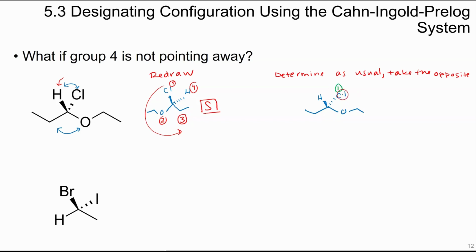So this is 1, 2, 3, 4. And as it's drawn, it would be R. But we have to take the opposite of that because H is in the wrong direction. So this becomes S. Either method works for you. That's what you can do when H is coming out of the page. If H is in the plane, then you have to redraw it.